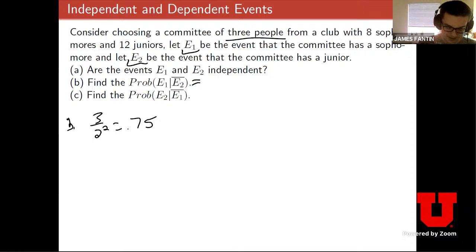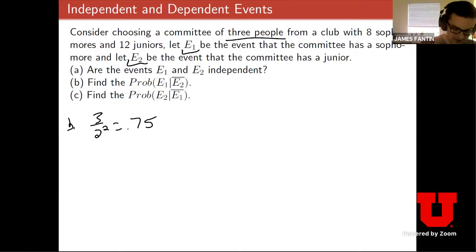The probability that our committee has a sophomore, given that the committee does not have any juniors. Yeah, so for this problem, it's not quite this 3/2 squared.